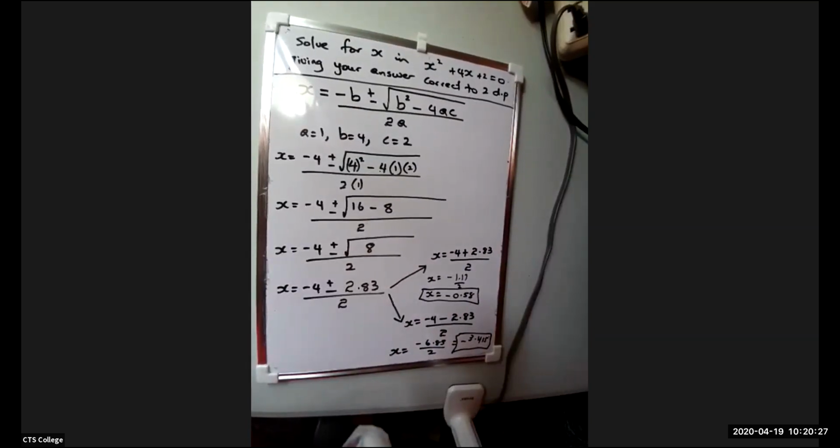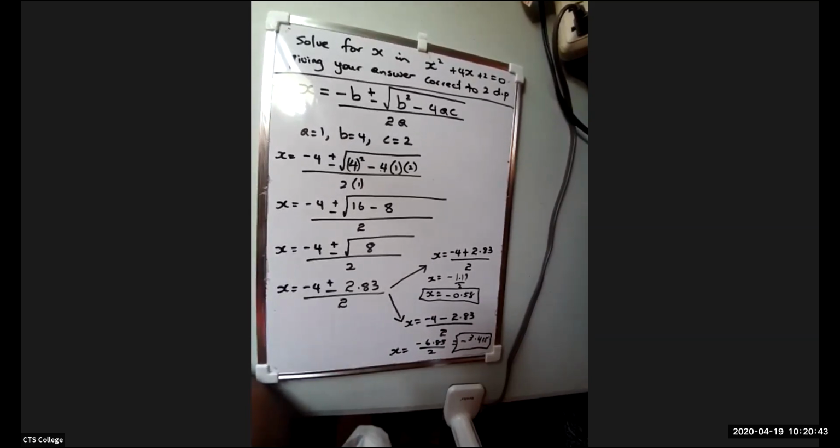Any questions there so far? People? So you're supposed to have two answers for x, right? Yeah, correct. Who asked that? Sir Musa. Oh, all right. Yeah, that's correct, Musa.